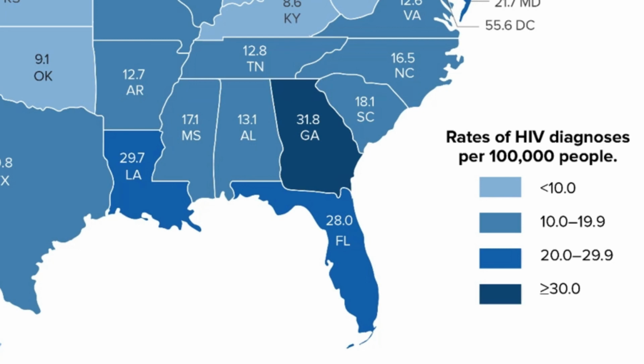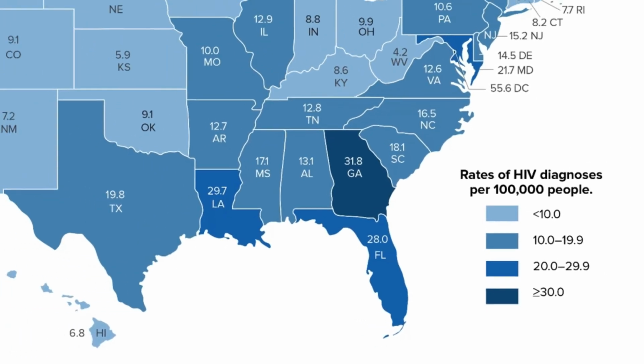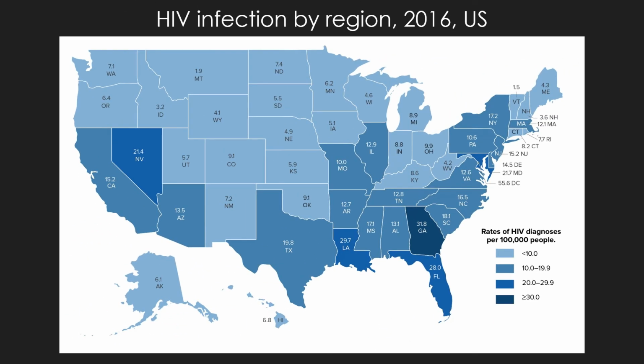So you'll notice the darker the color, the higher the infection of HIV per 100,000 people. So this is a relativized statistic. Obviously, there are going to be more people in New York that have HIV than in Georgia, but in New York, the rates of HIV diagnosis per 100,000 people are 17, whereas in Georgia, it's 31. So that's taken into account the population levels of each of these.